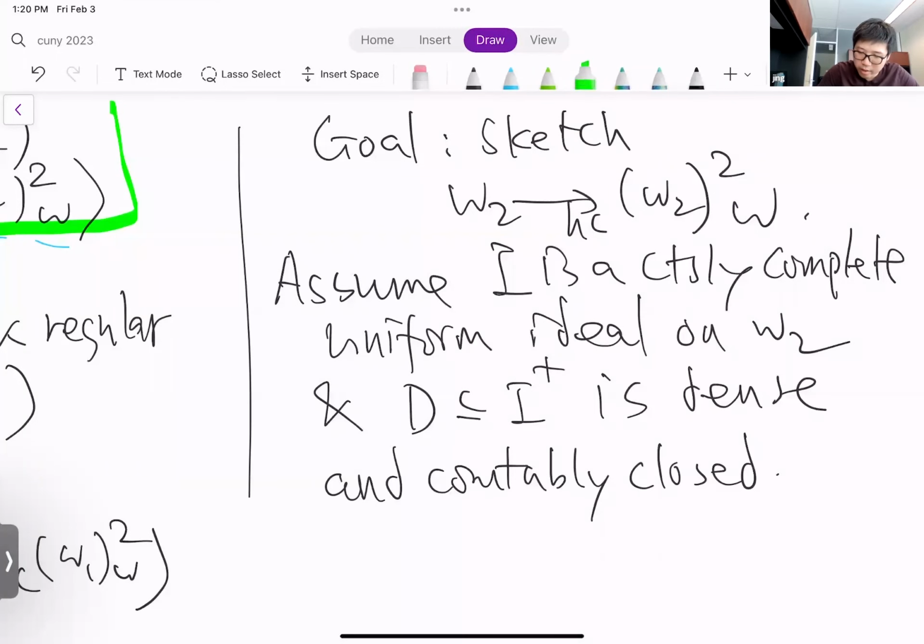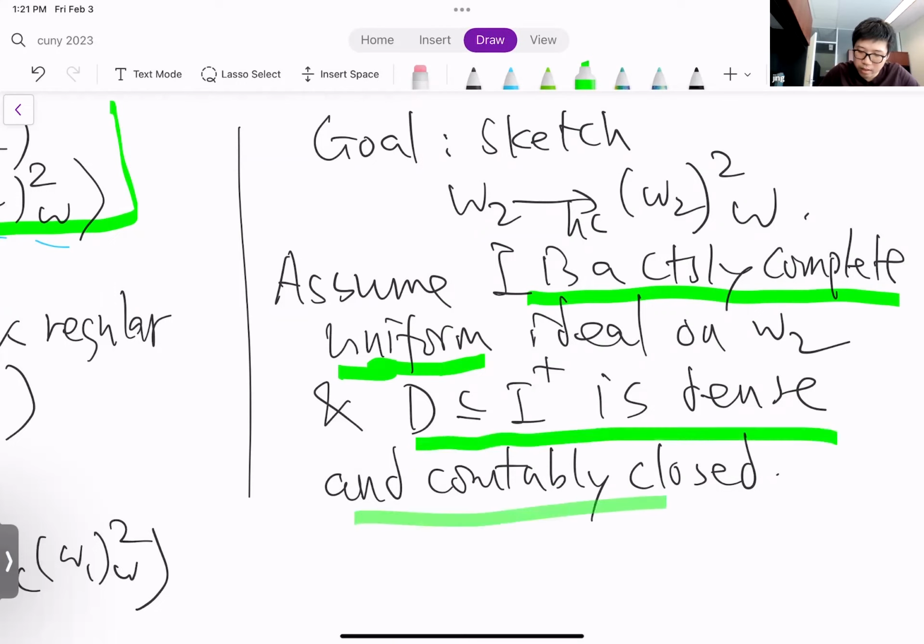So the first part is the standard assumption. You want an ideal that's countably complete, but it's also uniform. It just means that it contains all the elements of small size. Anything that's not in the ideal must have the full size, which is Aleph 2. The second requirement is a little bit unusual, but let me explain what it means.